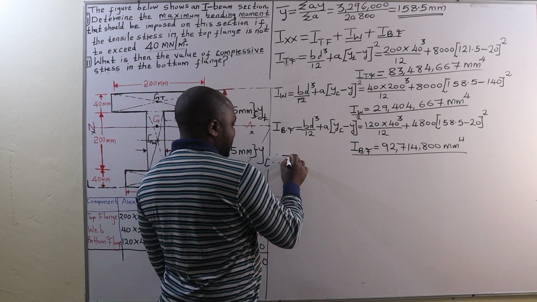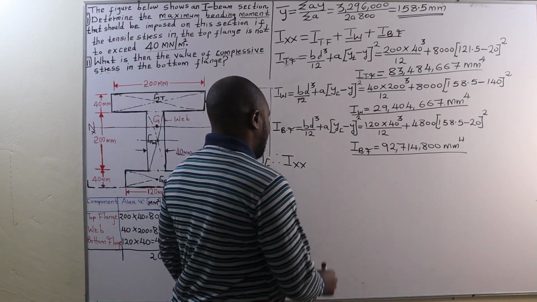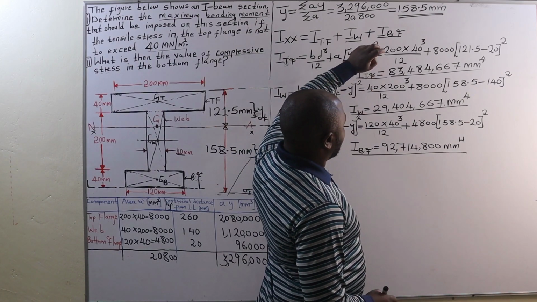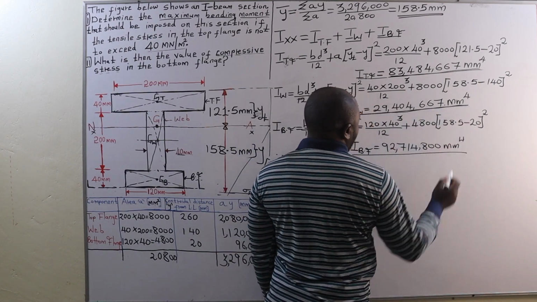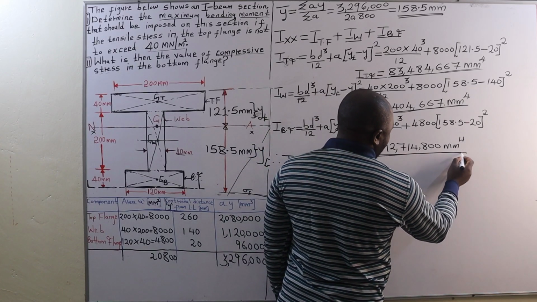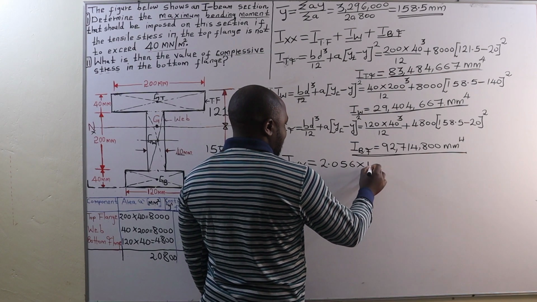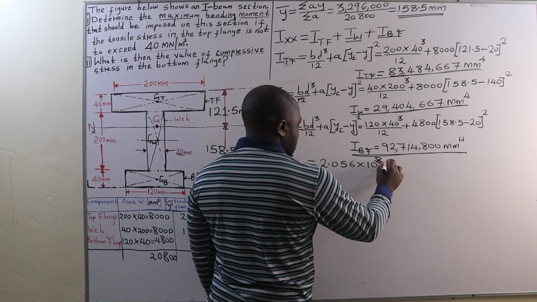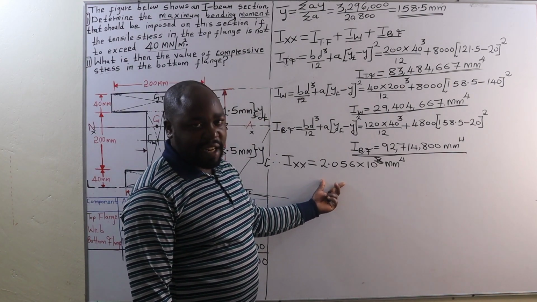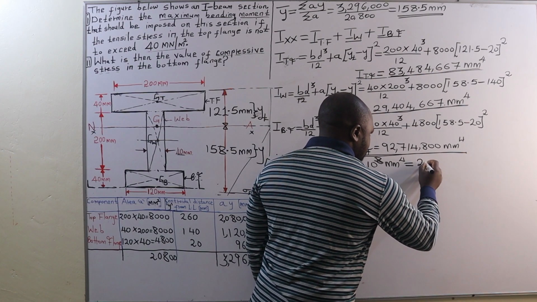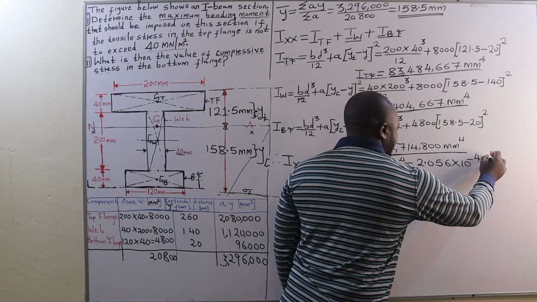Now, the moment of inertia of the whole I-beam section about the x-axis, or about the neutral axis, is going to be the sum of the moment of inertia of the top flange plus the moment of inertia of the web plus the moment of inertia of the bottom flange, which is going to give us 2.056 times 10 raised to the power of 8 millimeters raised to the power of 4, which when we convert it to meters raised to 4 is going to be 2.056 times 10 raised to the power of -4 meters raised to 4.